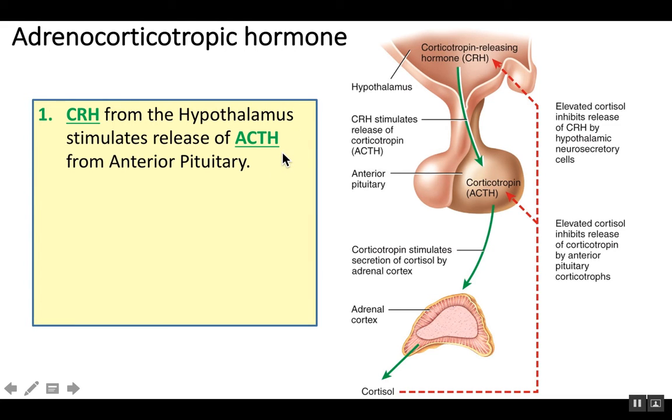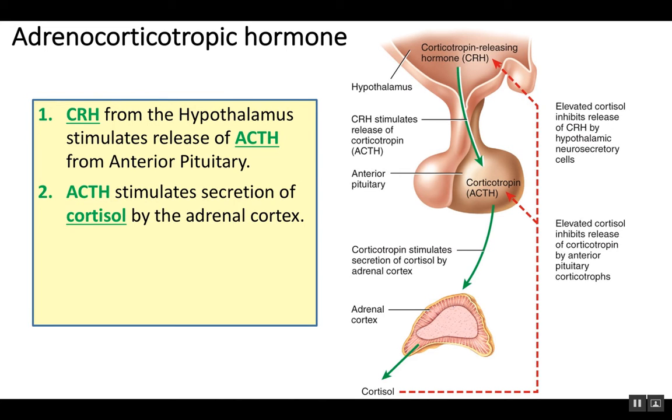But there's a hormone called corticotropin-releasing hormone, or CRH, that must be produced by the hypothalamus in order to stimulate the production of ACTH by the anterior pituitary gland. Then ACTH goes into the bloodstream, finds its target, the adrenal cortex, and stimulates the release of cortisol, the stress hormone.